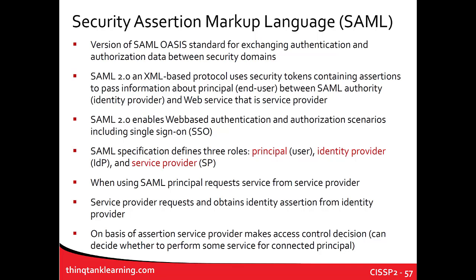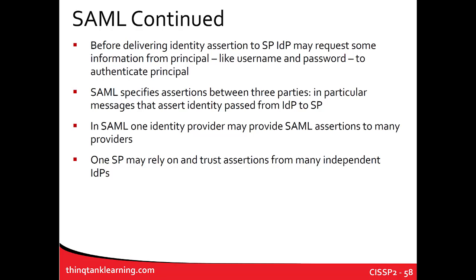The SP then uses that assertion to make an access control decision. Am I going to allow the user to access the service or am I not? So SAML, we use it every day, right? It's really used a lot in cloud applications, enterprise applications, and so on. You've probably seen it multiple times in your career.